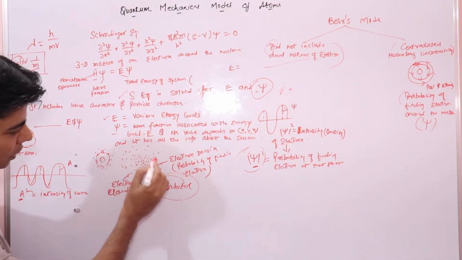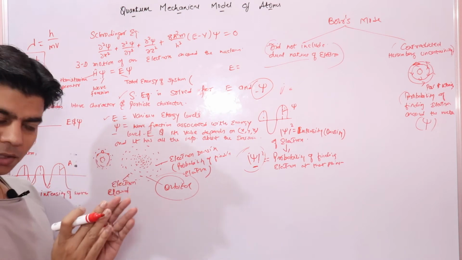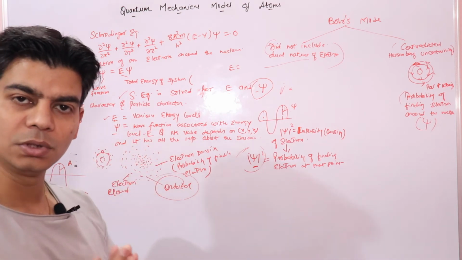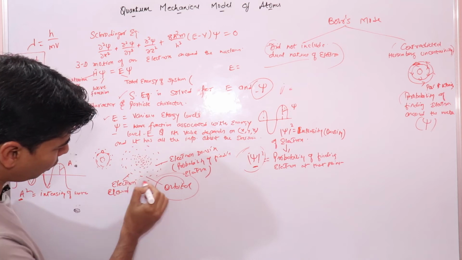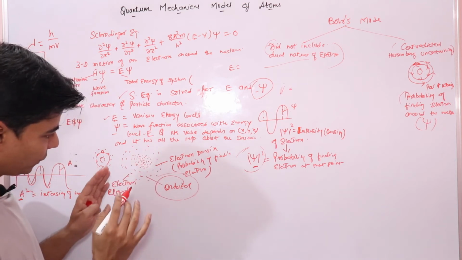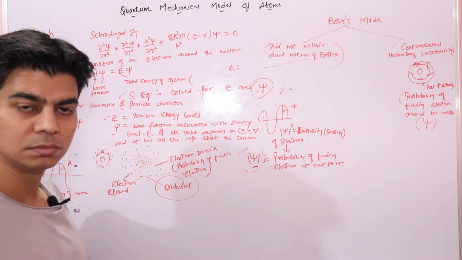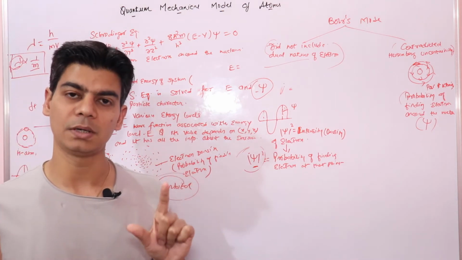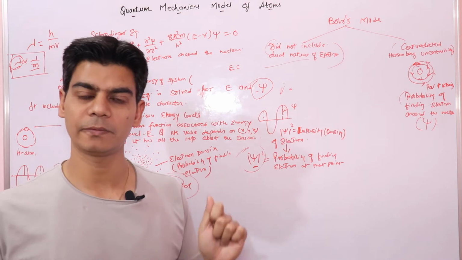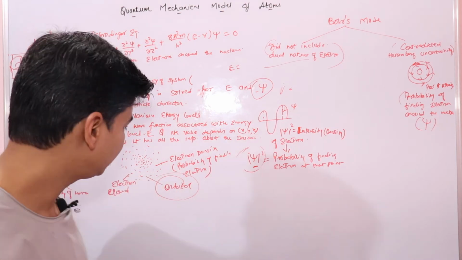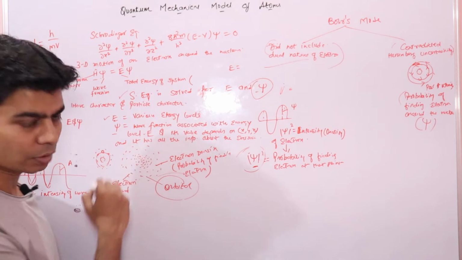And this electron cloud shows the probability of finding an electron around the nucleus, right? So what we call this electron cloud is where you find the electron in an orbital, where there is maximum probability of finding an electron in an atom. We call this an orbital, right?